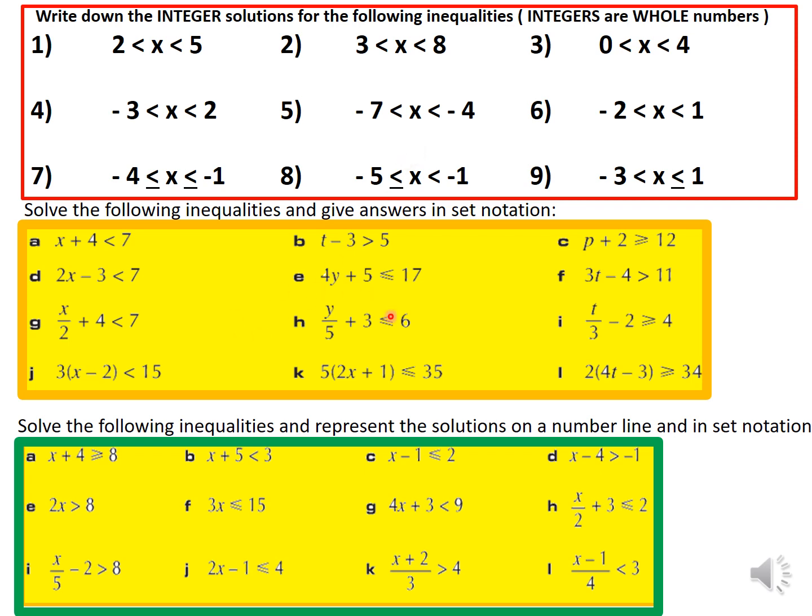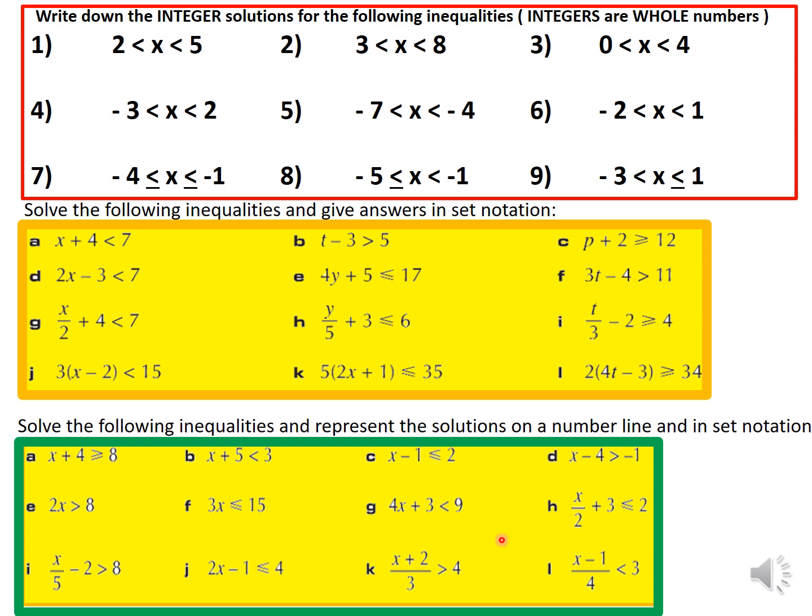For the second part, however, you have to solve the inequalities and give your answer in set notation. And for the green section, where the inequalities are a little bit harder than the yellow section, you have to represent your solution on a number line and in set notation as well.